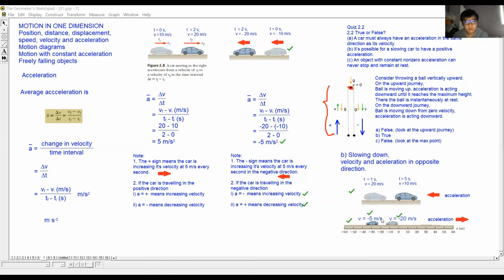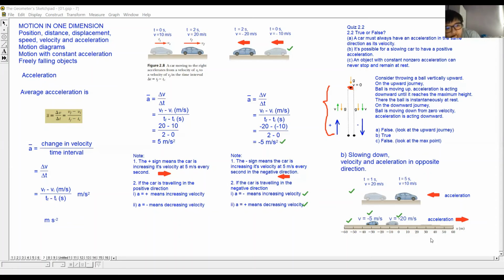The velocity is moving in this direction, the acceleration is going against the velocity, that's why it is slowing down. If the acceleration and the velocity are together in the same direction, then the speed is increasing.